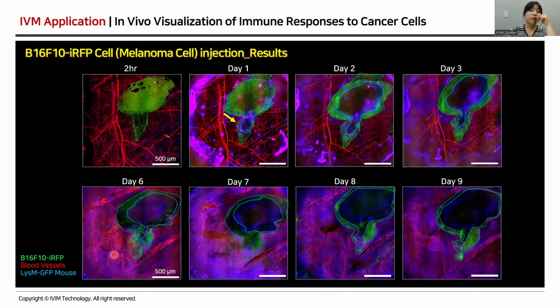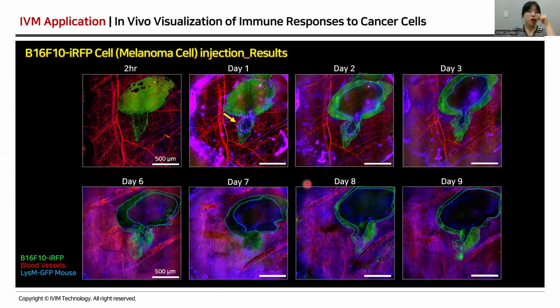Okay, so the first example I'd like to show is the immune response observed within cancer tissue. Using lysozyme GFP mice implanted with the DSC, we injected B16F10 cancer cells and tracked the immune reaction over time.